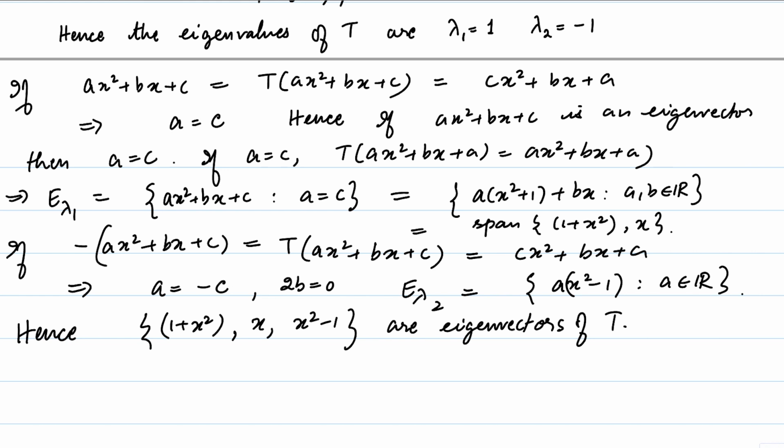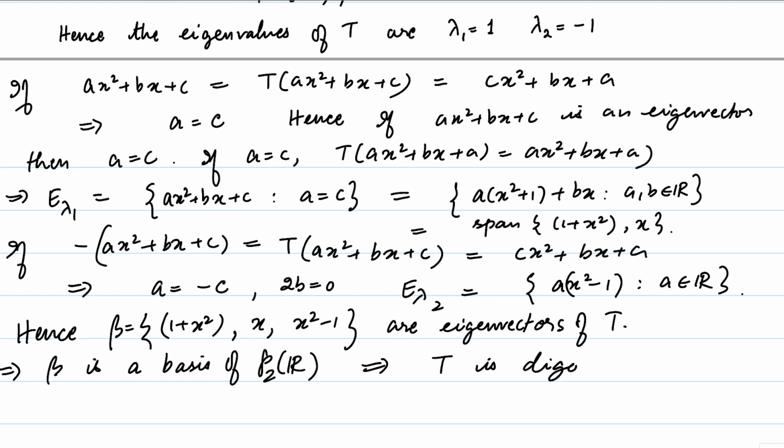What can we say about a linearly independent set of size 3 in a vector space of dimension 3? That has to be a spanning set as well. So this implies that, let's call it beta, beta is a basis of P2 of R. I'll leave the check for the fact that beta is linearly independent as an exercise for you, and that will help us conclude that beta is a basis, which implies that T is diagonalizable.